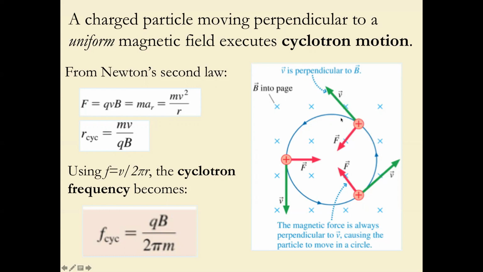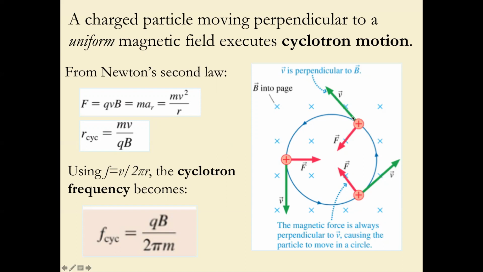In this case, at each point, if you look at the force, you will understand why it undergoes a circular motion, because the force at each point will point towards the center. For example, here, this is V, the direction of the velocity.